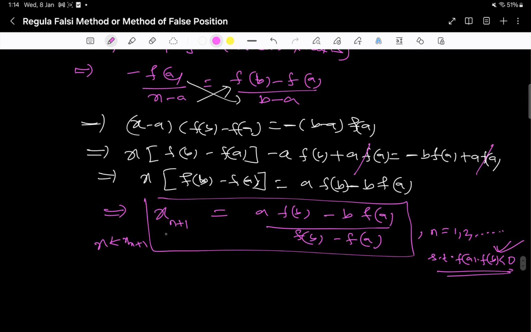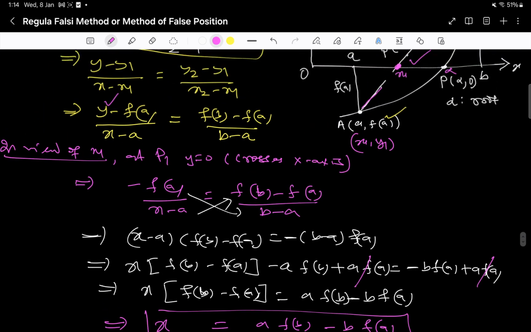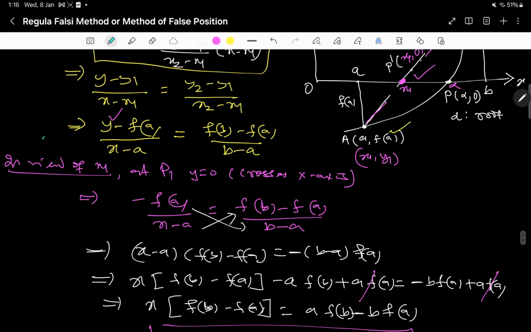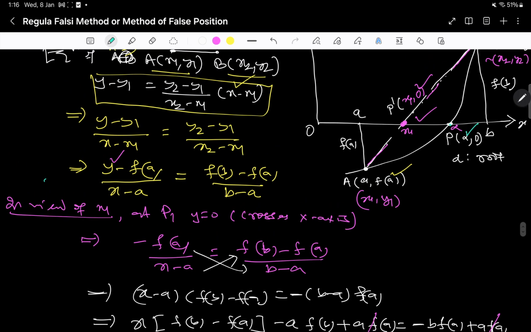Now if I go on approximating, my alpha is a root of this equation. Now x1 is an approximation, so I draw a perpendicular here. Let this point be C, f(C).